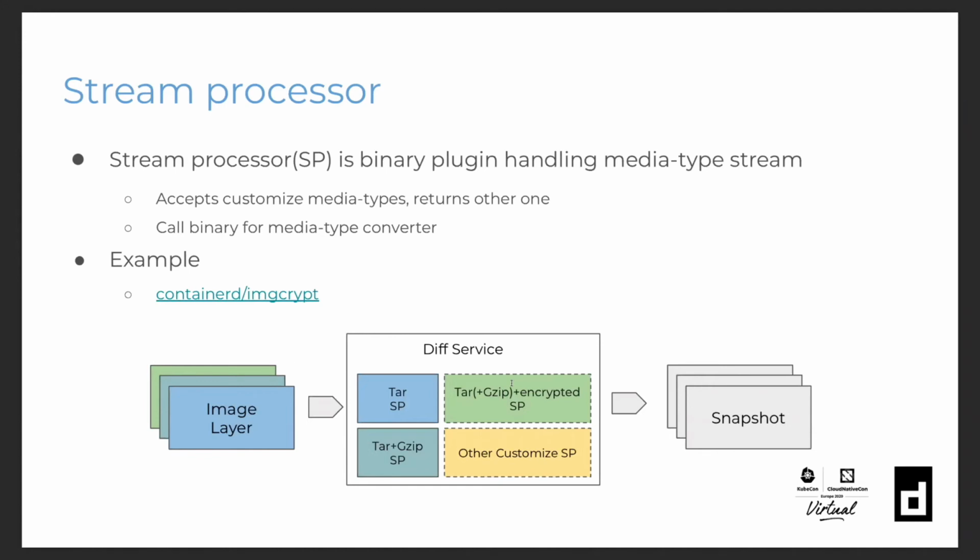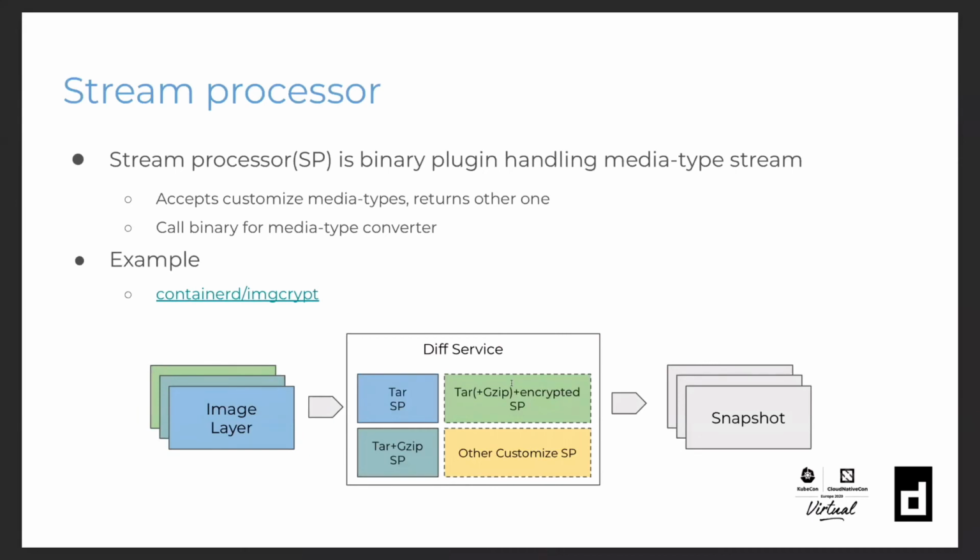This kind of binary plugin is intended to be a media type converter. When a new media type is detected by the streaming processor configuration, Kubernetes will call the corresponding streaming processor to do the media type conversion to get the tar archive stream.